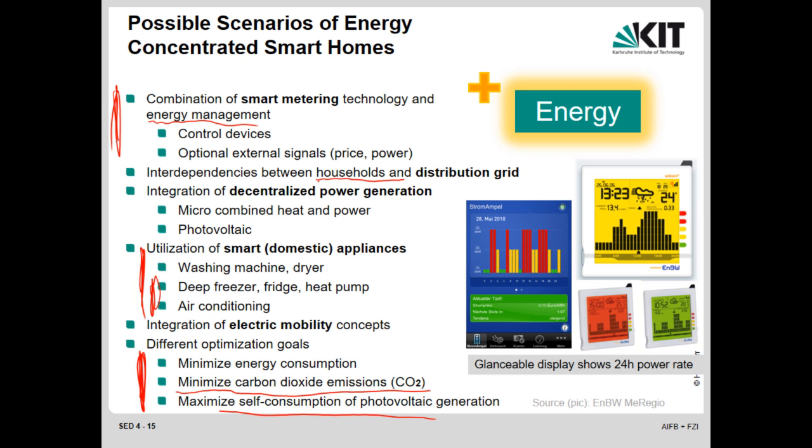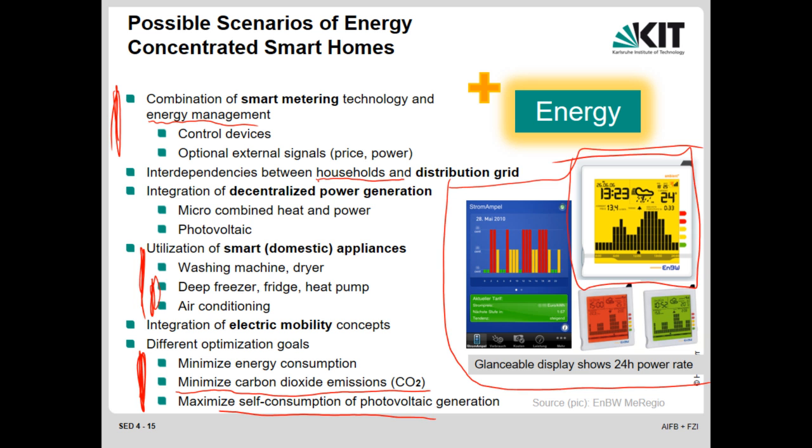Okay, now you see all kinds of displays or icons. So what do you see here? You see the Stromampel, the energy light, or energy traffic light, you could say, from EnBW, which I have explained to you before.